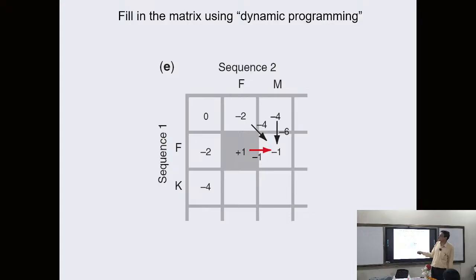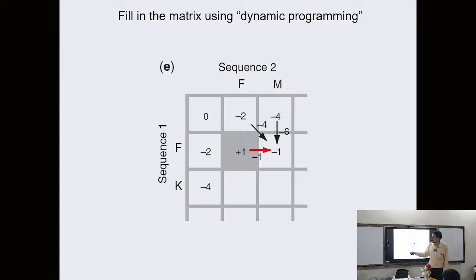So consider the three scenarios. Diagonal, okay, -2. So diagonal means what? Match or mismatch. So what is this? Match or mismatch? No, it's diagonal, of course. Mismatch. F is aligned to M, and that will get a score of -2. So -2 plus -2 is -4. So we'll put -4 here.